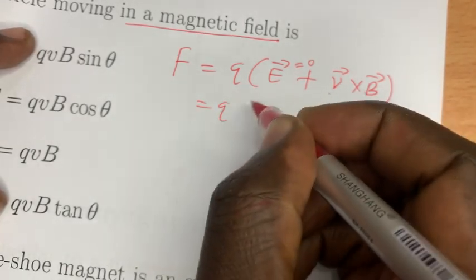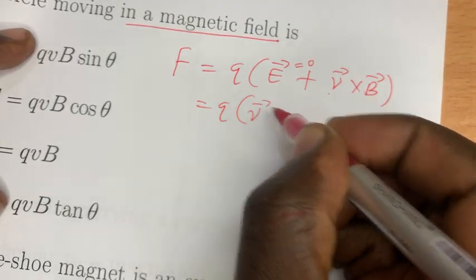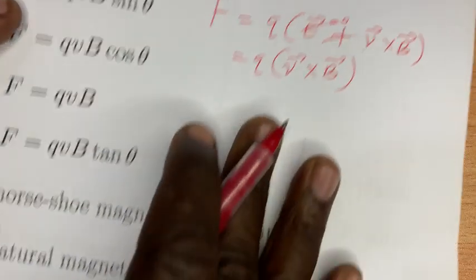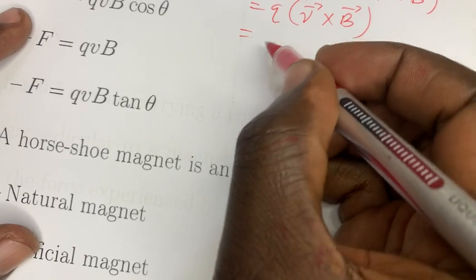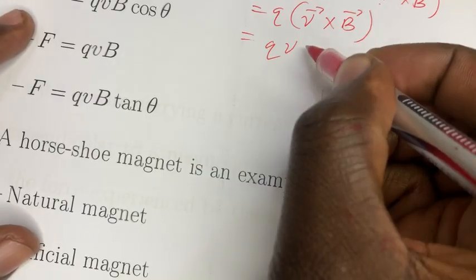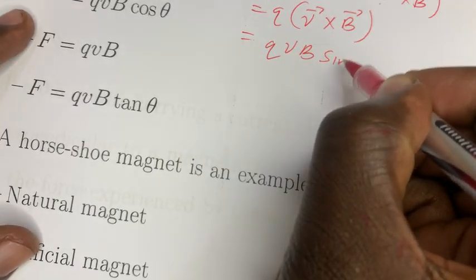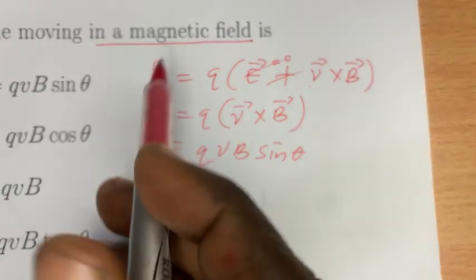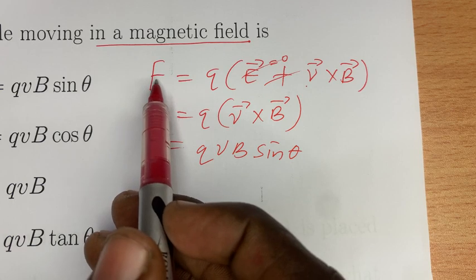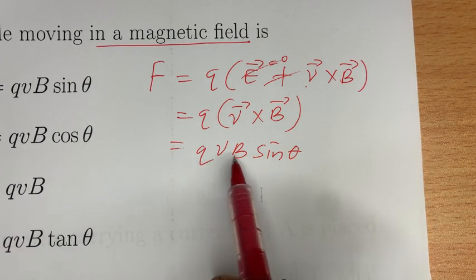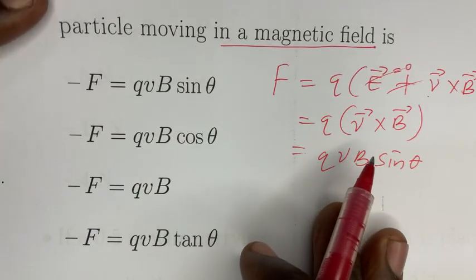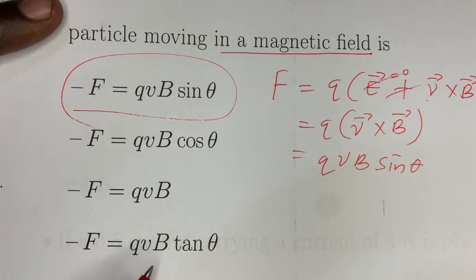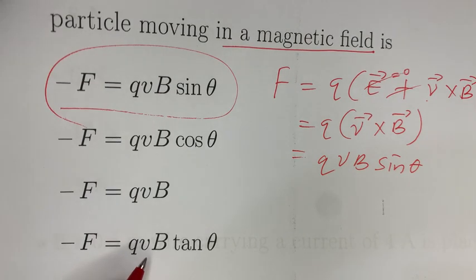So I have Q into V cross B. Everything else vanishes. So I know that this should be Q, magnitude of V, magnitude of B, sine of the angle between them. So the force on the charged particle moving in a magnetic field is F equals QVB sine theta. Then I look at the options and I see that this first option is the right one, and I take it gladly.